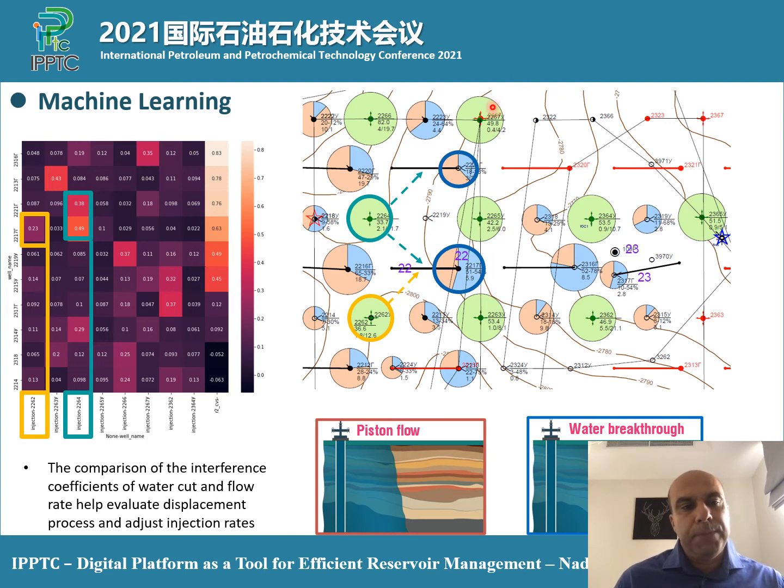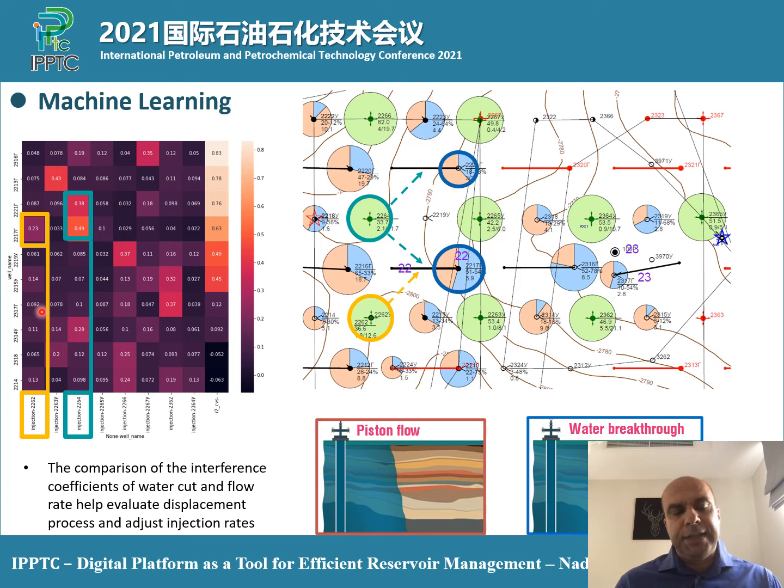So to follow on with different uses of this big data coming from zonal production contribution into machine learning models, this slide shows typical flow and water cut coefficients obtained between different injectors and different horizontal producers.